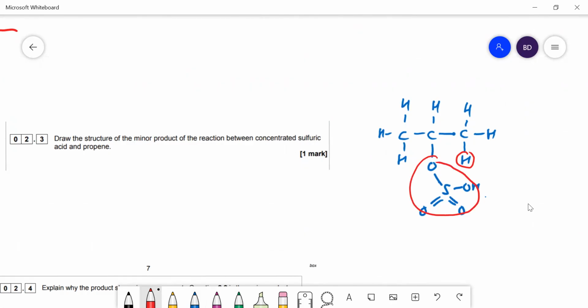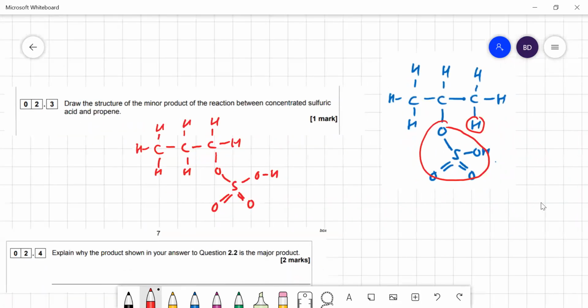So I'll just draw that here. So we've got all hydrogens here. And we've got the hydrogen sulfate group stuck onto the end carbon instead. And that will have proceeded through the primary carbocation. I'm pretty sure it's going to ask us about that next.